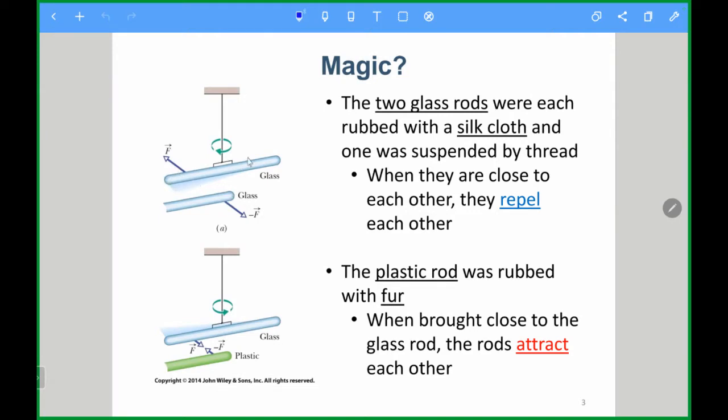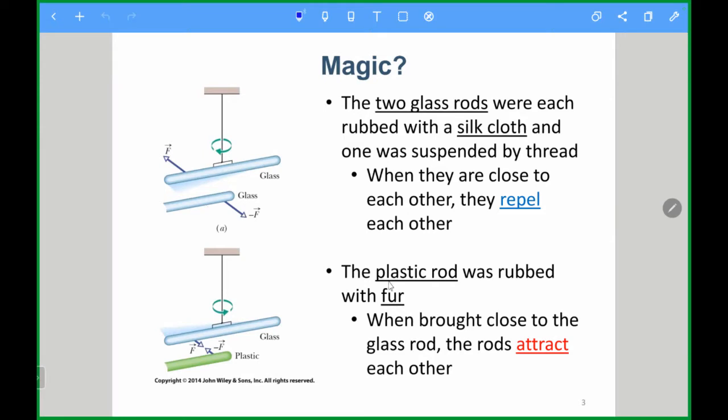This one is hanging here, and there will be a force repelling them. This force pushes the top one to the top left, and the bottom one to the bottom right, so that they repel each other. This is the first observation, for the first setup.